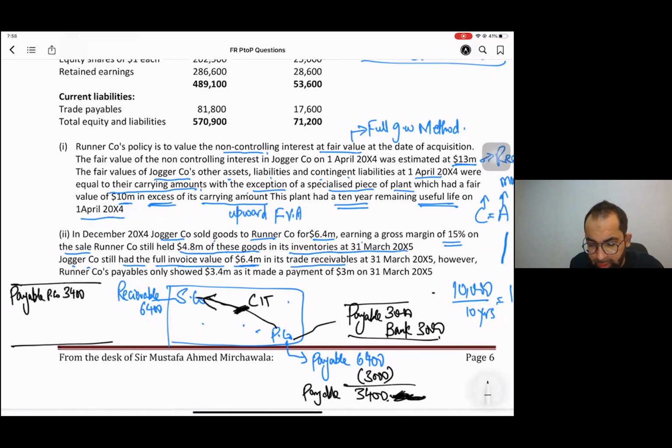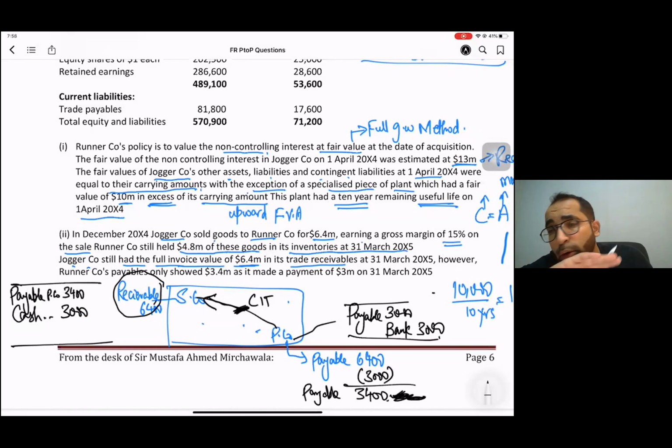When this cash comes to S company, cash will go up by 3,000. And how much intercompany receivable does S company have? 6,400. It is mandatory to remove it, so you will credit S company receivable by 6,400.